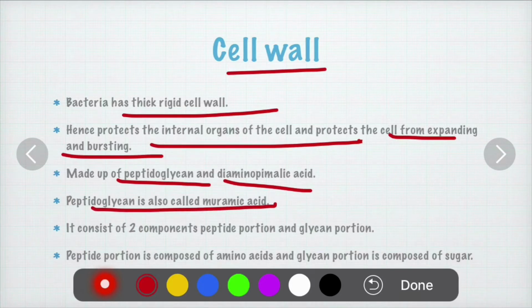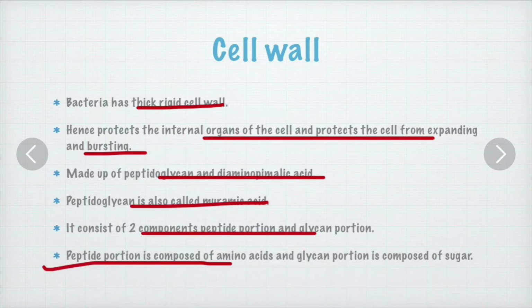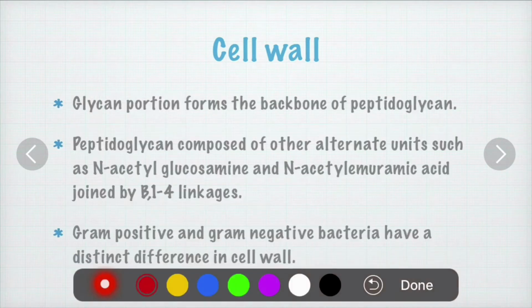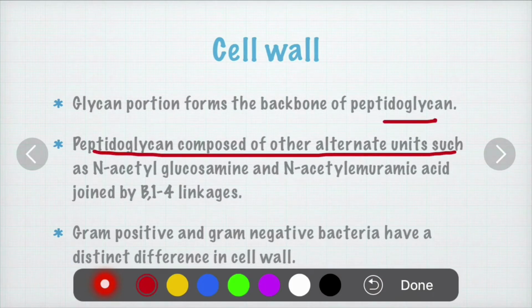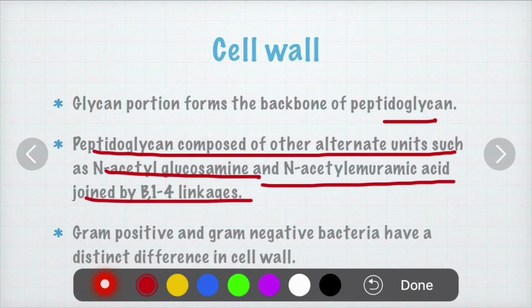It consists of a peptide portion and a glycan portion. The peptide portion is composed of amino acids, the glycan portion is composed of sugar. The glycan portion forms the backbone of the peptidoglycan. The peptidoglycan is composed of alternating units such as N-acetylglucosamine and N-acetylmuramic acid joined by beta 1,4 linkages.